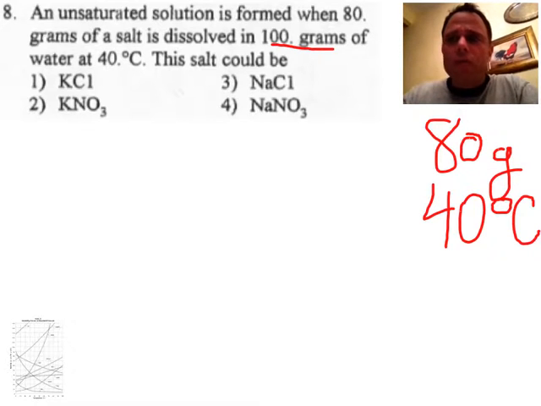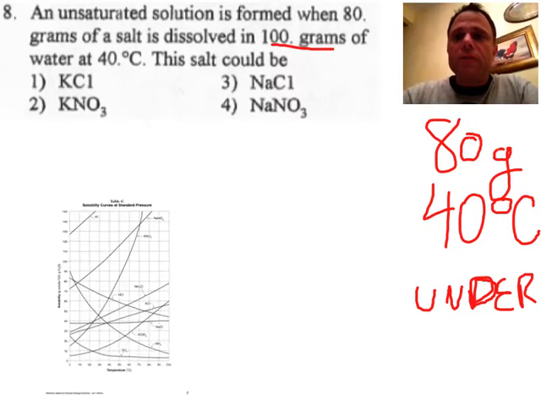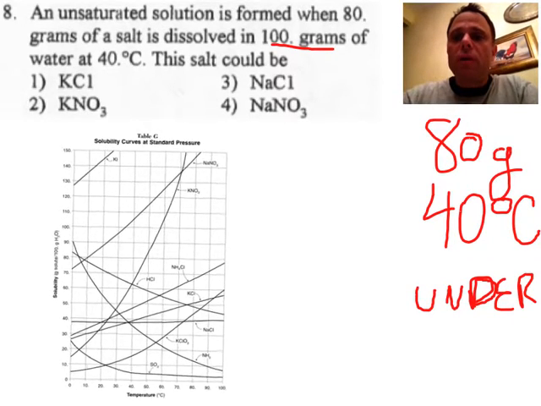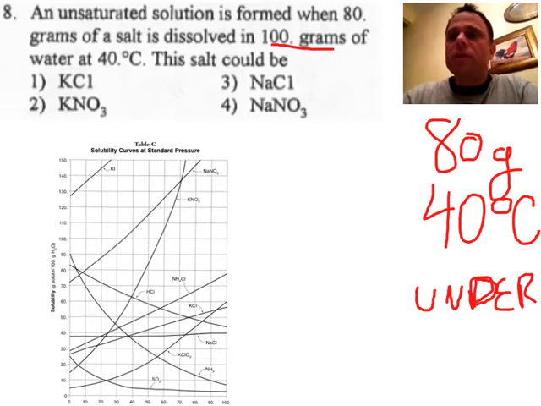And we're looking for unsaturated, so we want to be under. Yes, and that is a D, under the line. So, which one fits? We're dealing with potassium chloride, potassium nitrate, sodium chloride, and sodium nitrate.